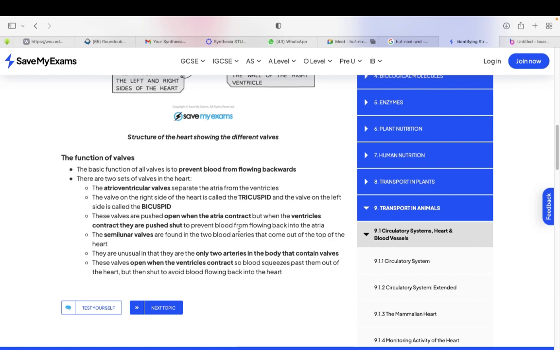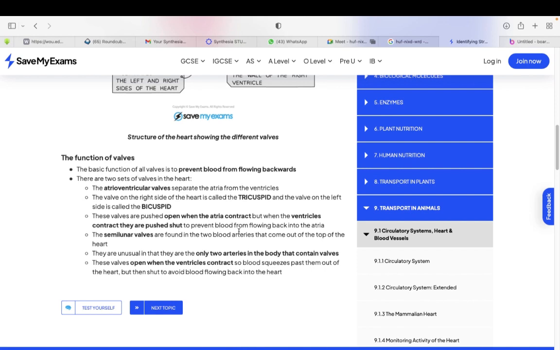Atria is the plural of atrium. So in atrioventricular, you can see the name ventricular, from ventricle. It means the valve that separates the atria, the plural of atrium, from the ventricles. When I say atria, I'm talking in terms of both of them.